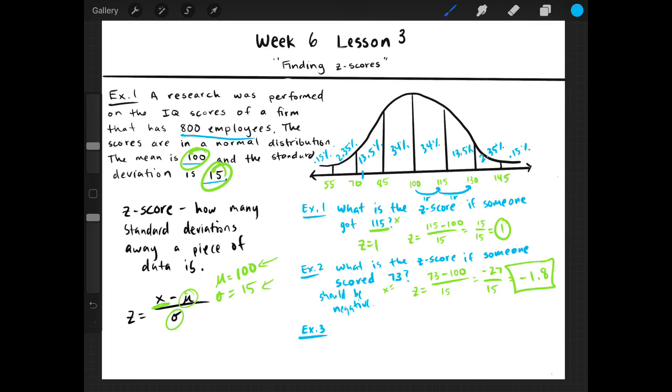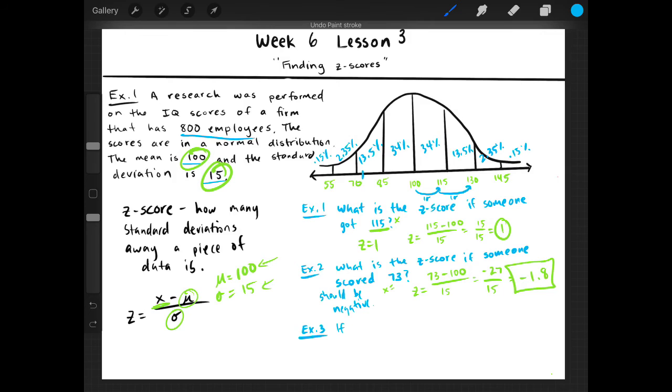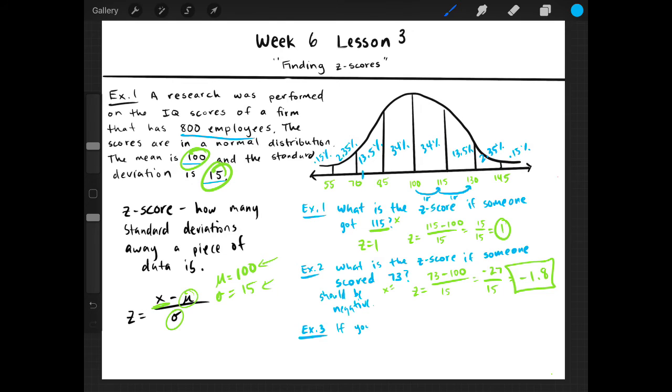Let's say, let me rephrase it. If you had a z-score of, let's go 2.3, what score did you get?